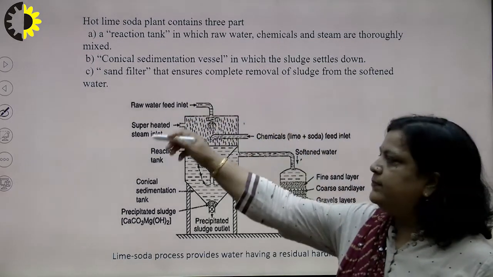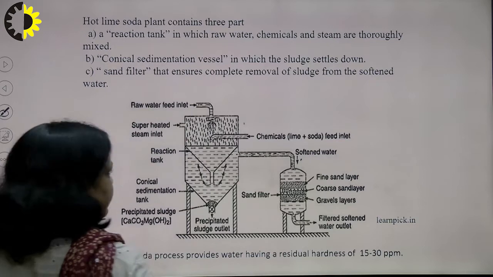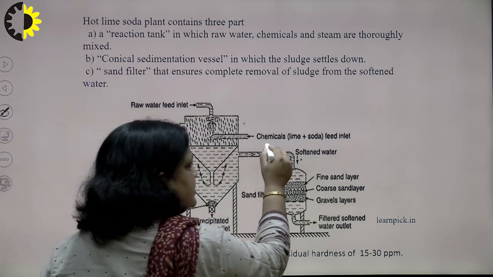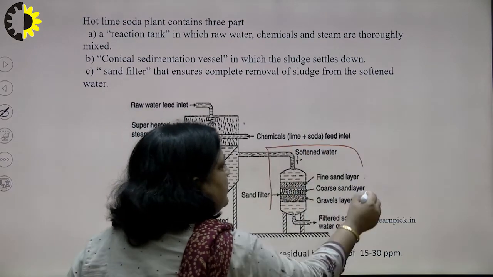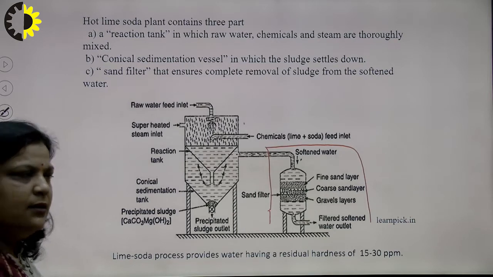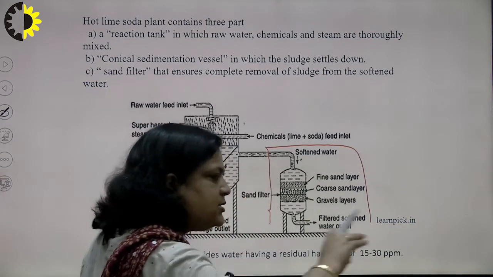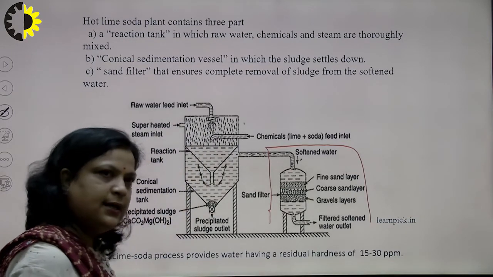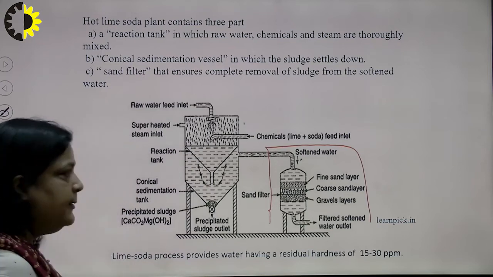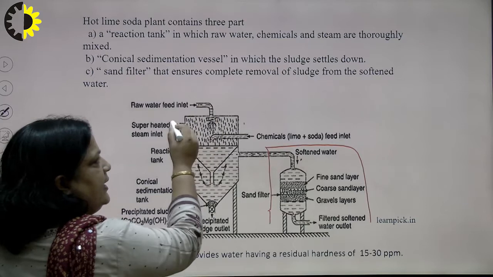This is the diagram of the hot lime soda softener. Almost the concept is the same, but this has the additional facility of filtration. This is nothing, no type of reaction, but here we see the layers of sand and fine particles. So after this we get soft water, and in this process these three are inlets.